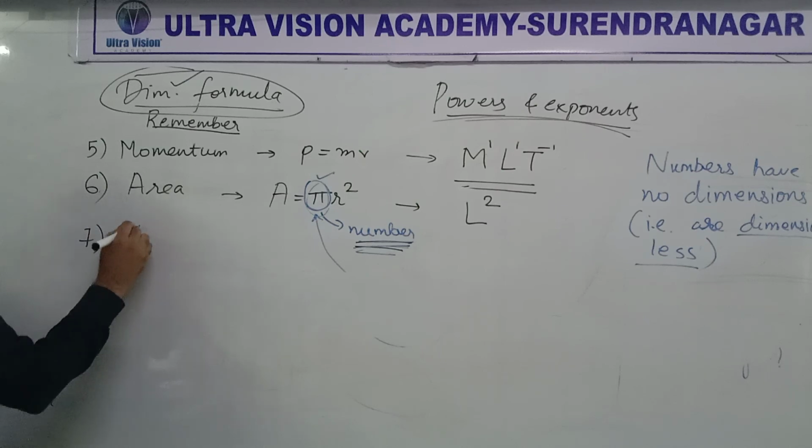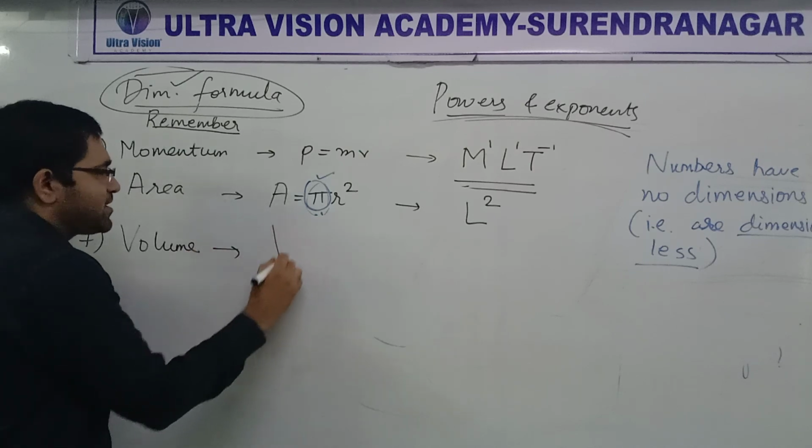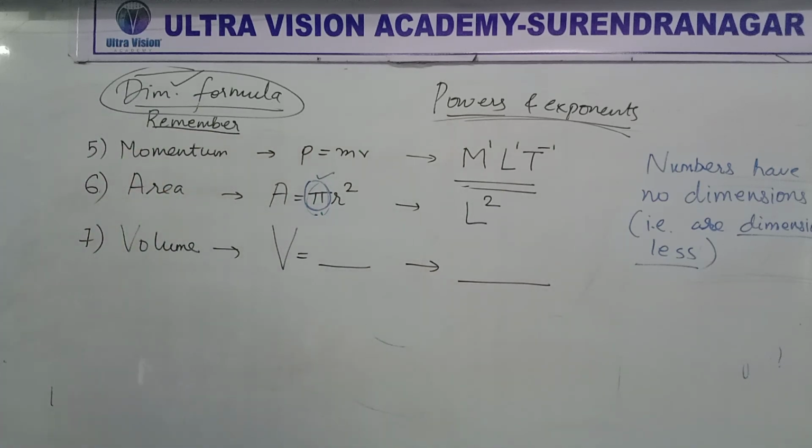Number 7, volume. Come on, this you have to do by yourself. Everybody, try it by yourself. Use a simple formula of volume and find out dimensions. Hurry up, people.